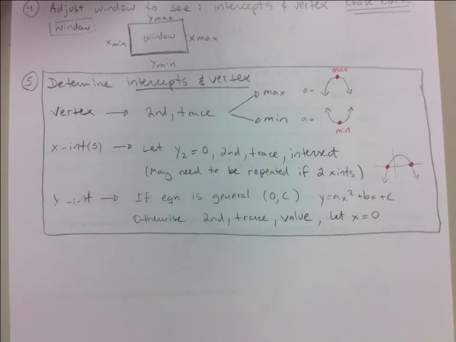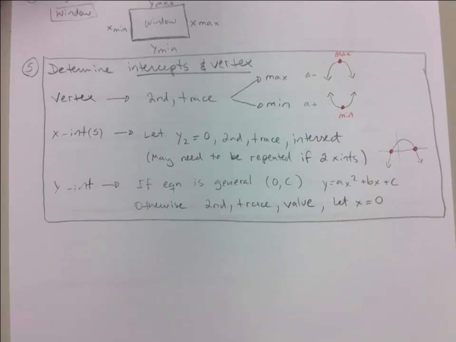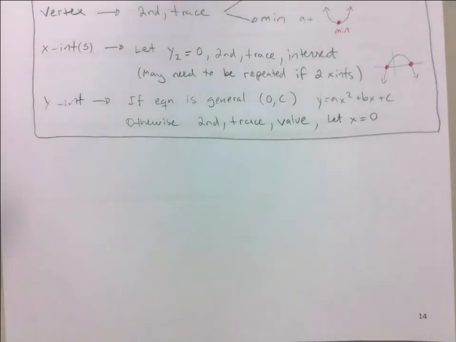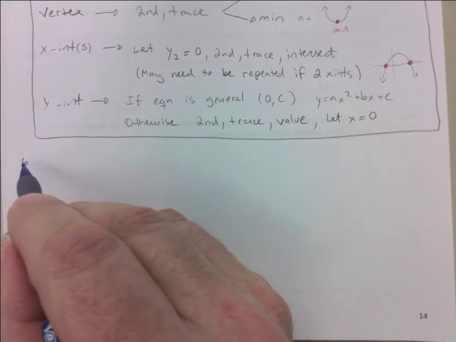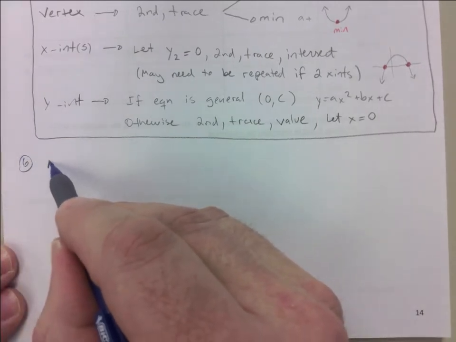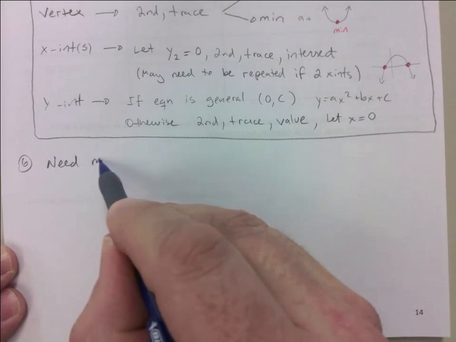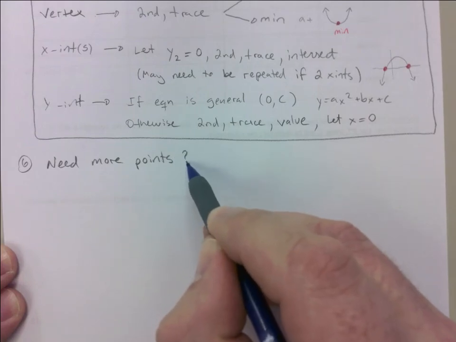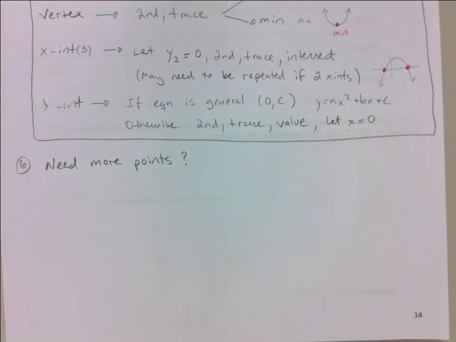We're almost done. Step 6, this is the last one. This is just if you need it, right? I'll say this, need more points. Because once we get to the word problems, you may need to find additional points. Okay?